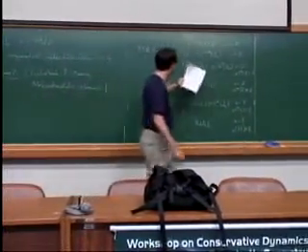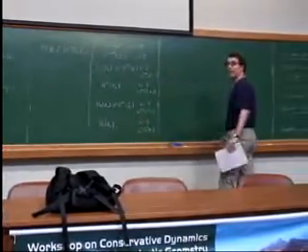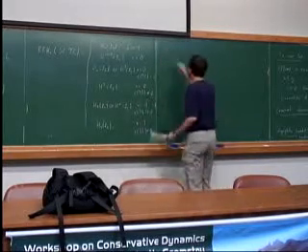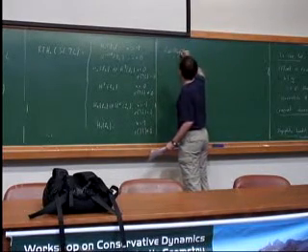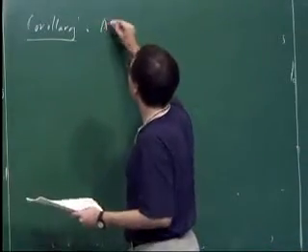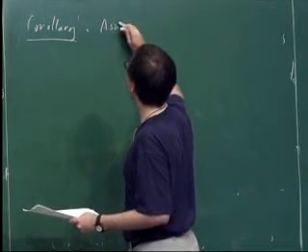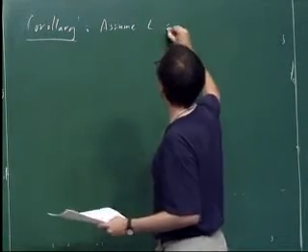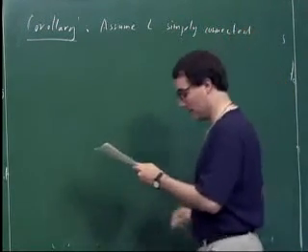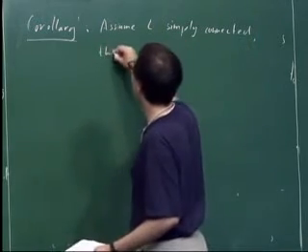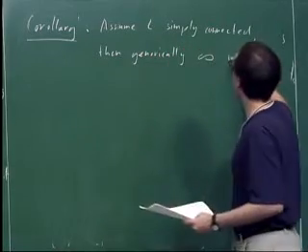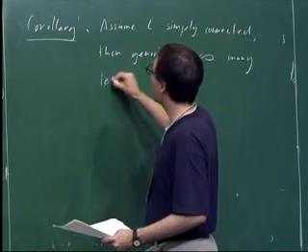So this is infinite dimensional, and so in particular we get infinitely many leaf-wise intersection points, at least generically. So a corollary is: assume L simply connected, and then generically infinitely many leaf-wise intersection points exist.